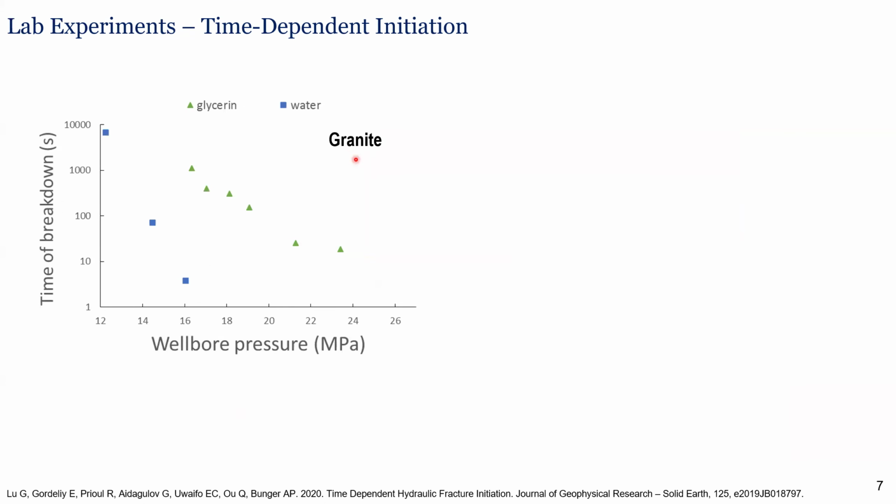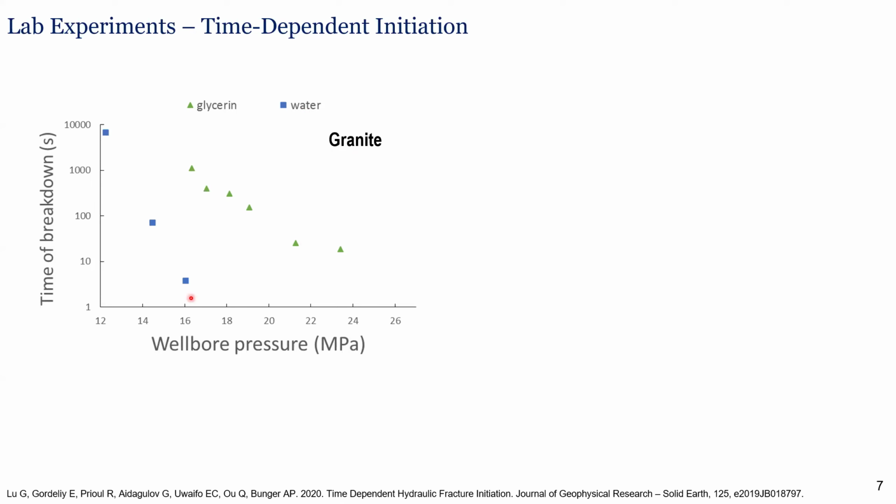This is a case in granite. By the way, we did this in granite. We did this in limestone. We did this in sandstone. We did it in shale, though the shale tests were very messy because of the variability of the shale, but not because they weren't failing in a delayed manner, just hard to predict because every sample was so different from the last. So let's look firstly at water in granite.